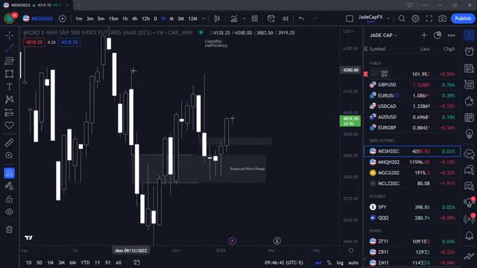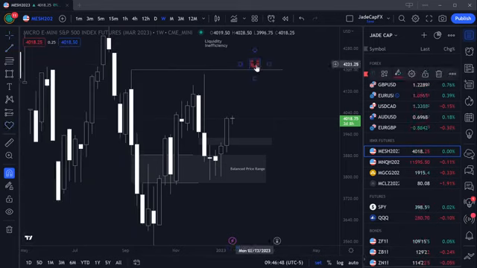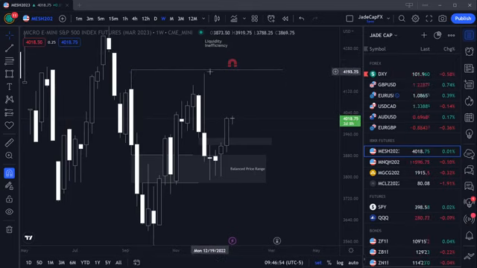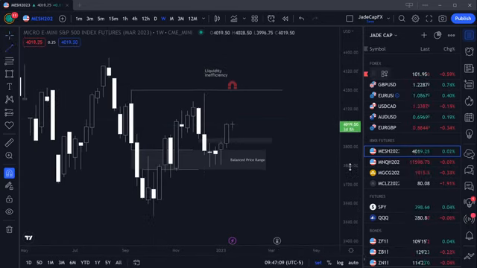Liquidity or inefficiency. We have the high here. It's generated engineered liquidity above this high because it hasn't run it out yet. And what sits above those highs? What are we looking at? Do I even have to call it out? Hopefully your eyes can pick it up.